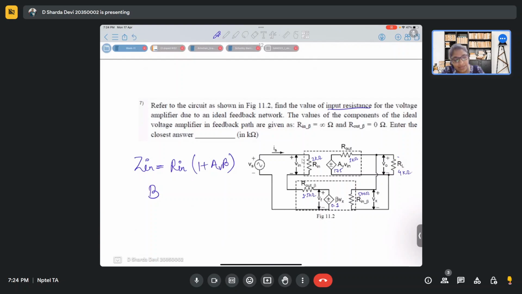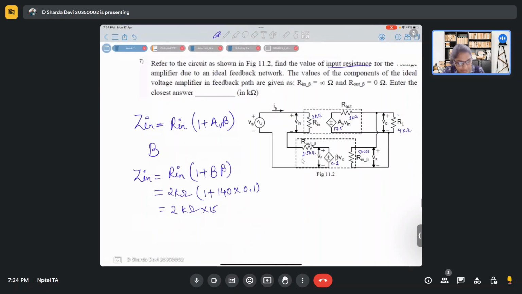So Zn will be Rn times of 1 plus B into beta, that is 2 kilo ohms, 1 plus 140 into 0.1. So that is 2 kilo ohms into 15.